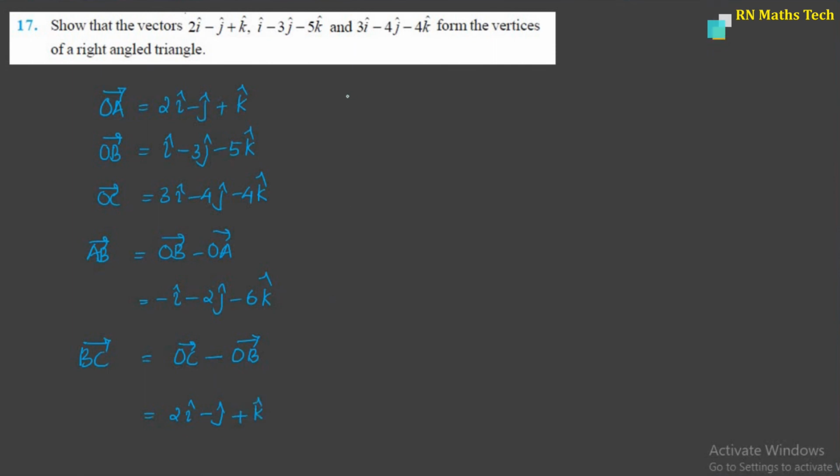Now vector CA is OA minus OC, that's equal to minus i plus 3j plus 5k. Now the sum of these three vectors AB plus BC plus CA is the 0 vector. Okay, therefore these are the vertices of a triangle.